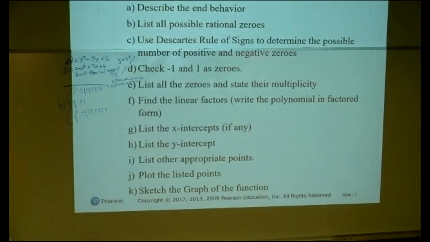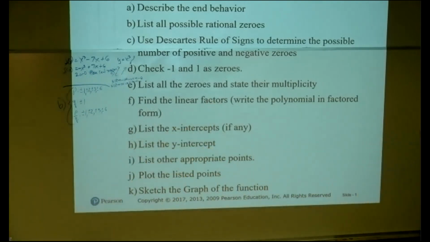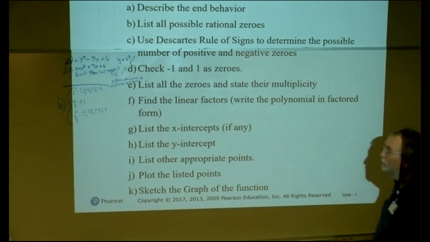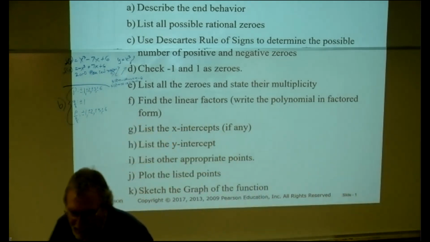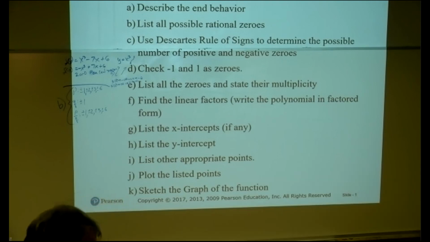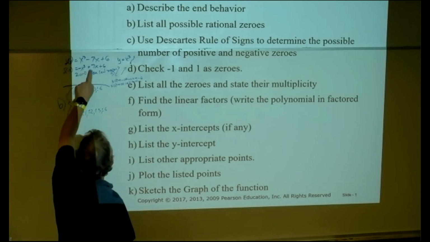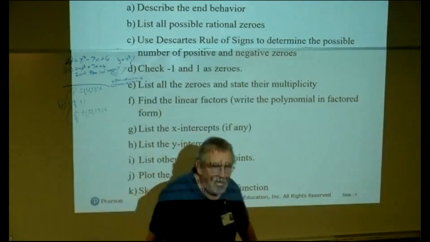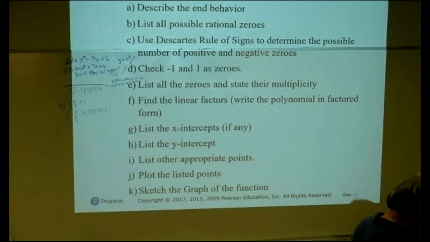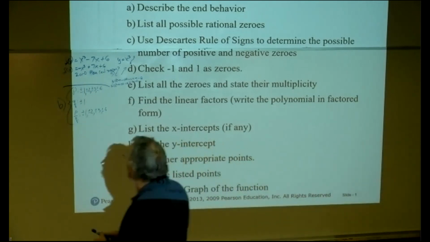Now on f of negative x, how many sign changes? Because that will tell us the number of negative real zeros. How many times did the sign vary? 1 time.